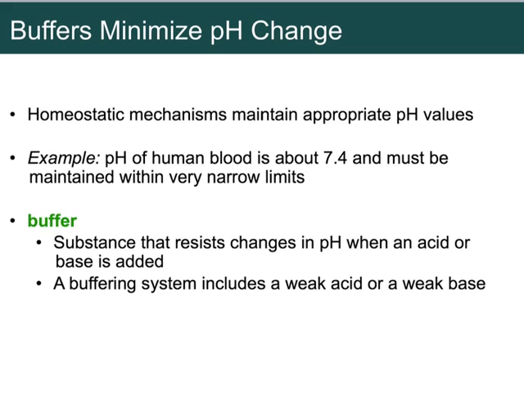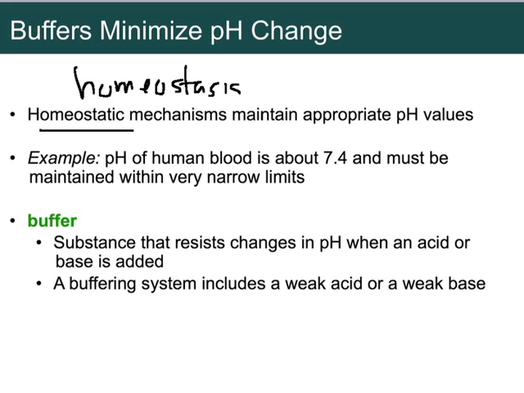Now, we have buffers in our body that help control the pH of our body and our blood. And remember, that is called homeostasis, or a homeostatic mechanism. Homeostasis. This is something that you're going to be reminded of over and over again in this class. Homeostasis is your body balancing stuff out.